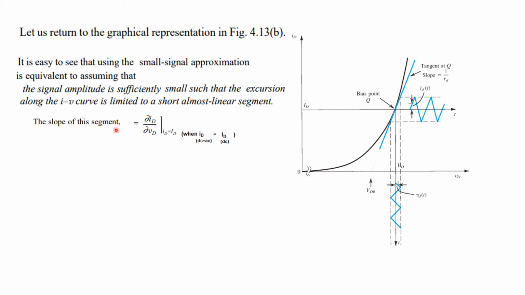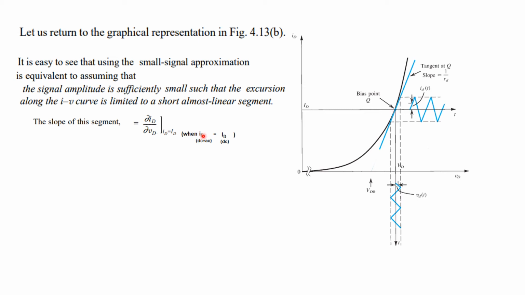Now the slope of the segment we can write from here. The slope, y over x, so id over vd. We can write it as delta id over delta vd, or curly id over curly vd, where iD, that is iAC-DC, the total current, is equal to ID. So at this point, this is ID, and the AC-DC current is also very close to this point.